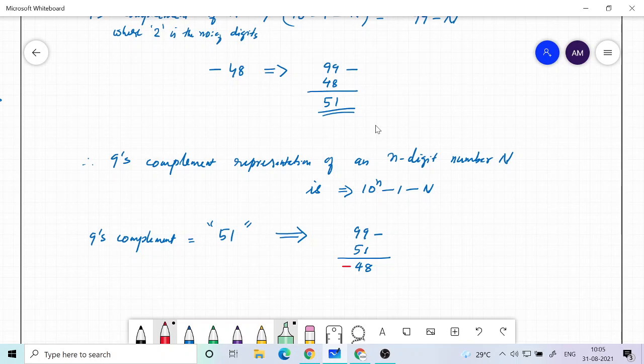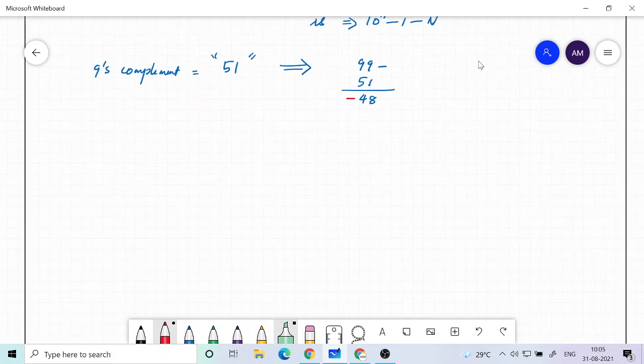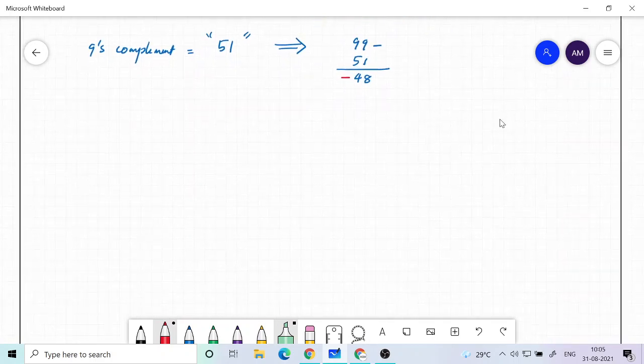The second half is dedicated to negative numbers, we know, but we don't know which is the magnitude. So you take the 9's complement one more time, and you get the magnitude. So that's basically the reverse conversion. Now in a similar way you can represent the 10's complement form also.